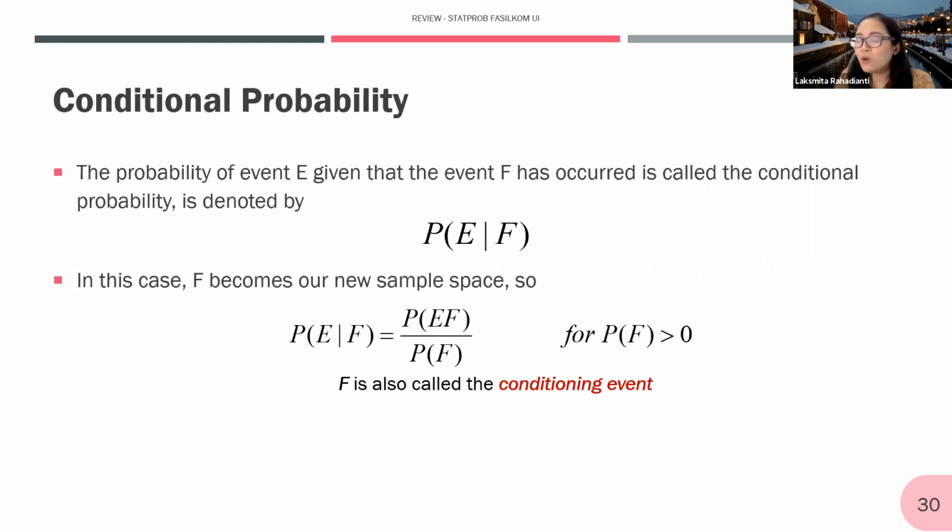I would not really know, but if I were to know that Zahran got 98 on his first quiz, then what is the probability of Zahran getting an A, given that I already know he got a 98 on his quiz? So in this case, I can obtain the conditional probability.